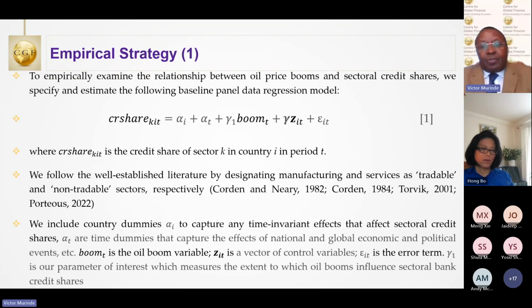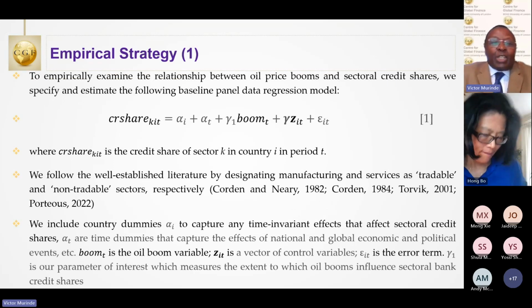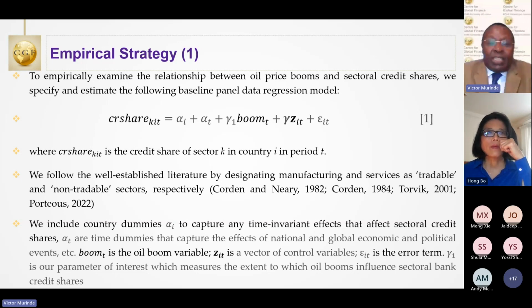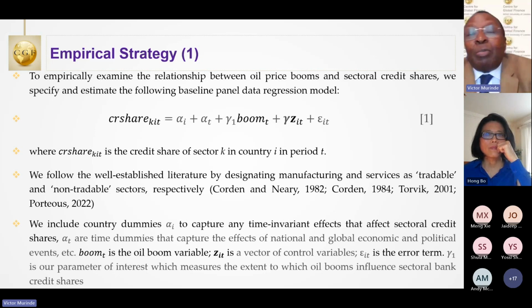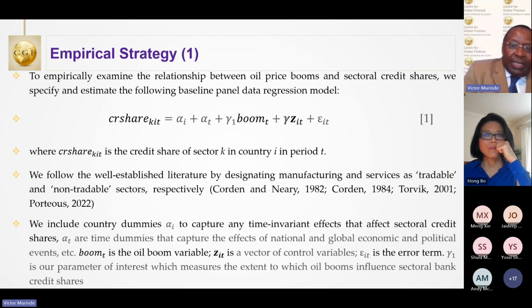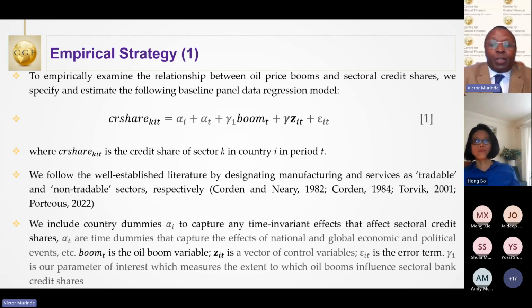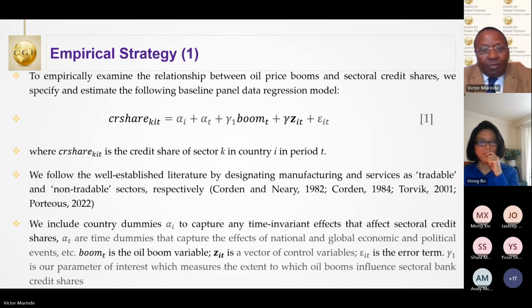Okay, let me then take an excursion into the empirical strategy that we use for this paper. We just try to use a simple but tractable empirical strategy, to make it straight and simple and possibly easy to understand.